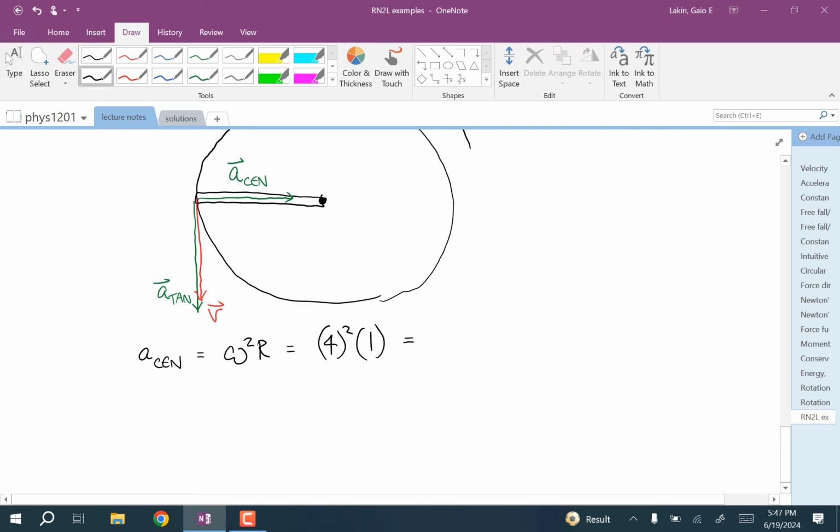And we get a centripetal acceleration magnitude of 16 meters per second squared. That's in the positive i direction. And so this is 16 meters per second squared i.